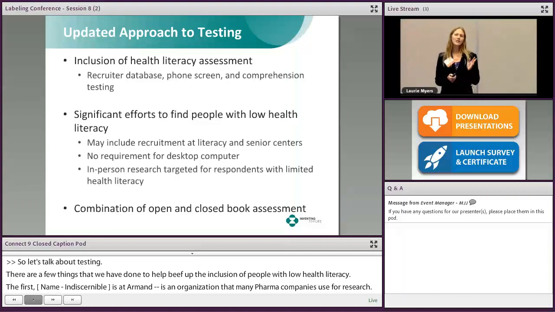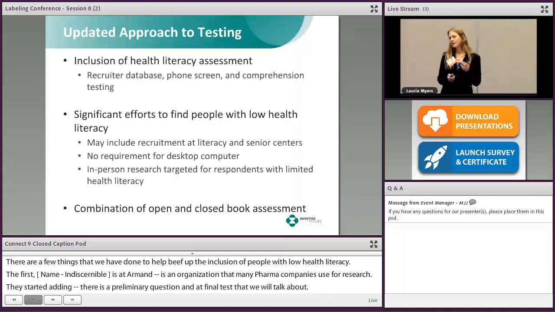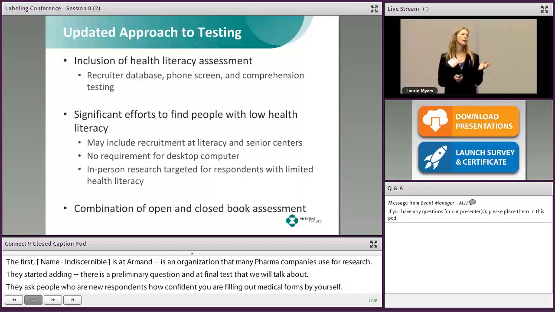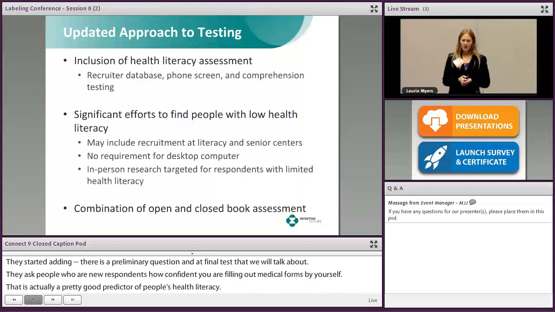I'll talk about that in a sec. But they actually ask people who are new respondents, how confident are you filling out medical forms by yourself? That actually is a pretty good predictor of people's health literacy. It's not perfect, but it gives us a way to preliminarily get some people in that are at greater risk of low health literacy.